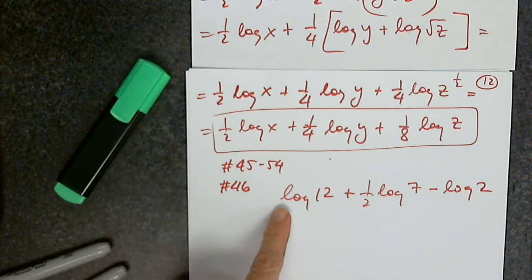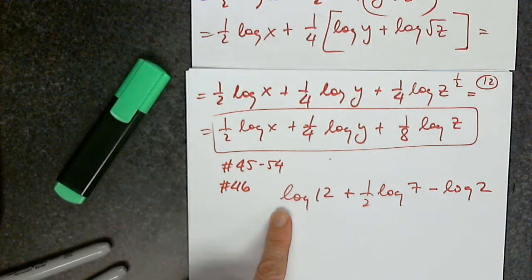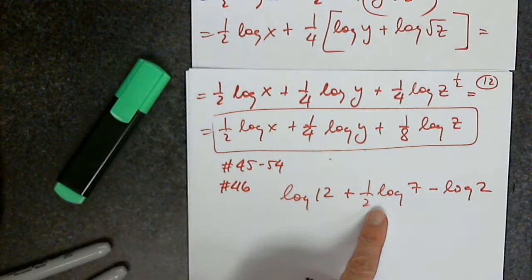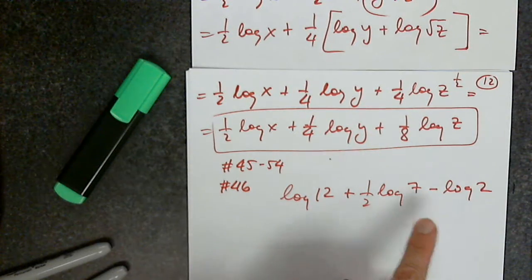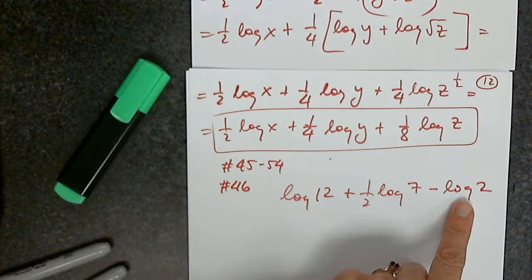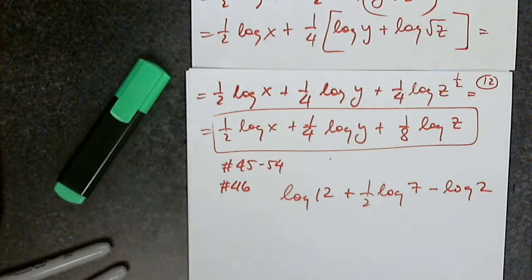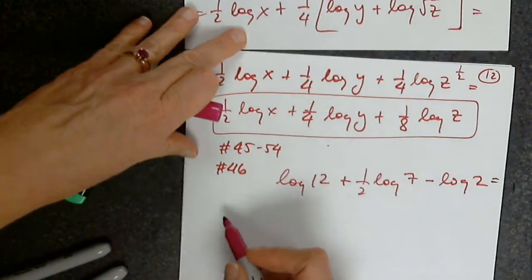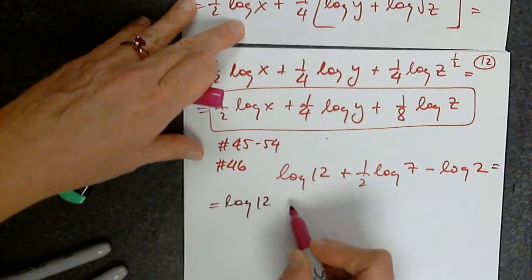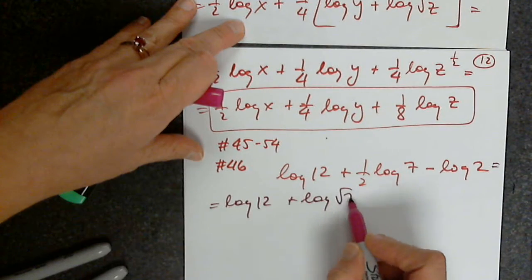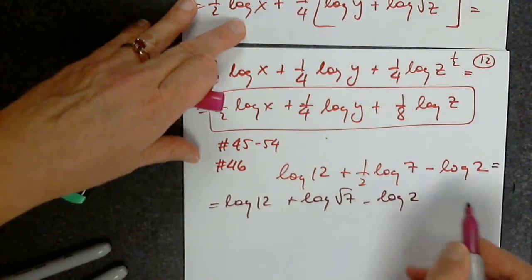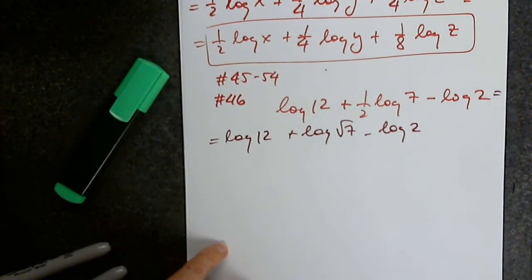The first one has nothing in front. The second one has 1/2 in front. And the last one doesn't have anything in front. Good. So then that's my first step. Exactly. Log 12 plus log square root of 7 minus log 2. Excellent.